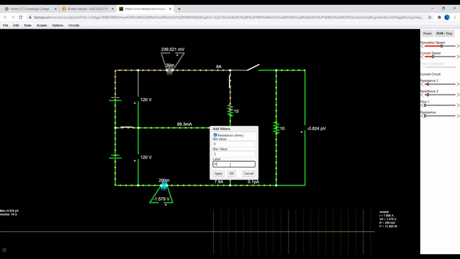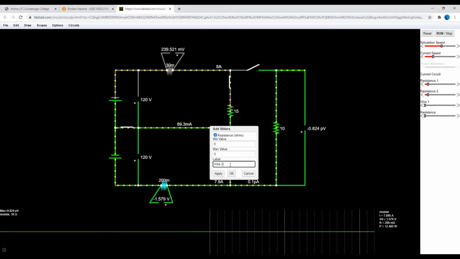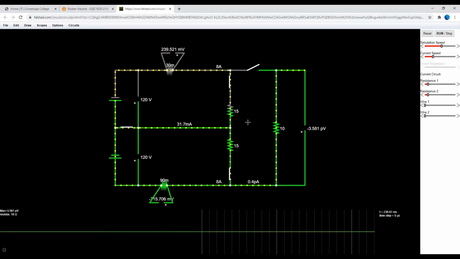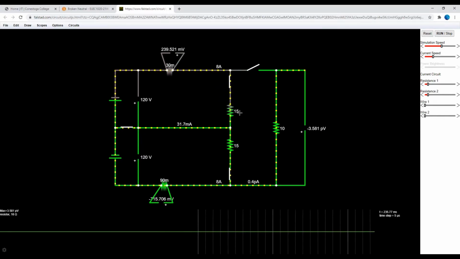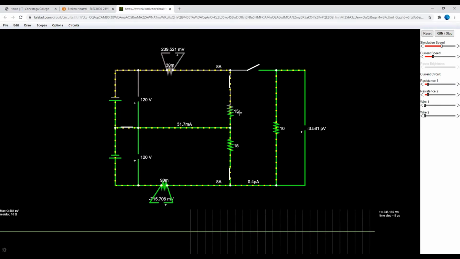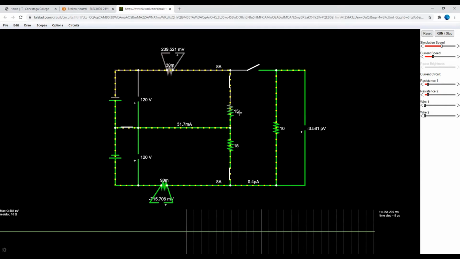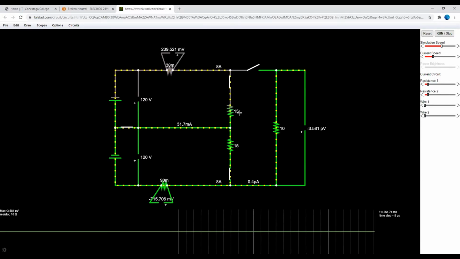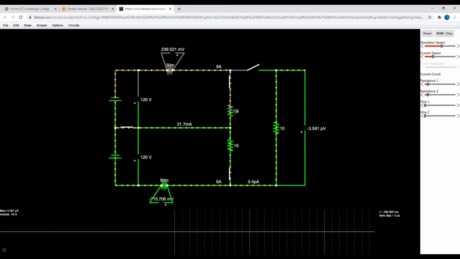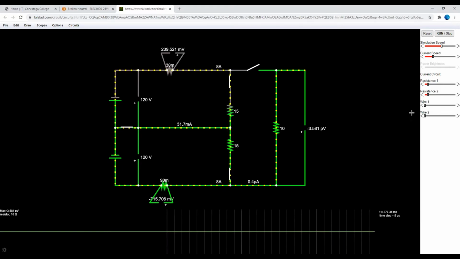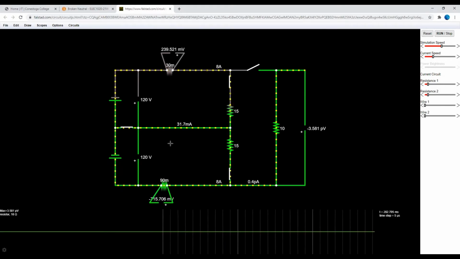And we are going to call this one wire 2 or line 2. Okay, wire 2 and wire 1. So I want you to observe right here, and that seems to have some milliohms, 30 milliohms.